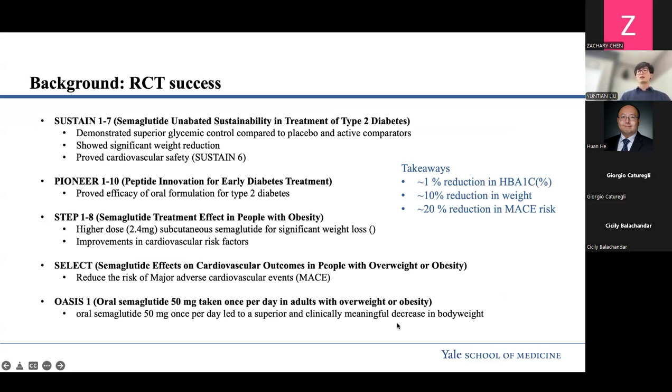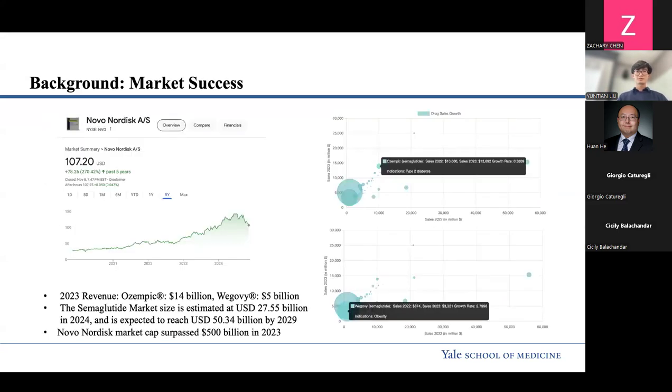The takeaway is that semaglutide improves clinical outcomes substantially and very effectively: around 1% reduction in HbA1c, a metric we use to evaluate blood sugar level, which is a significant reduction; a 10% reduction in weight, also amazing; and a 20% reduction in MACE risk.